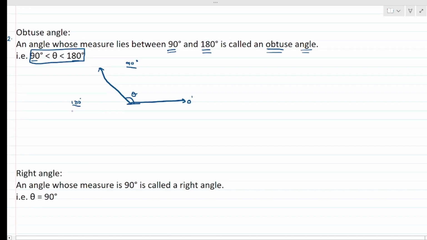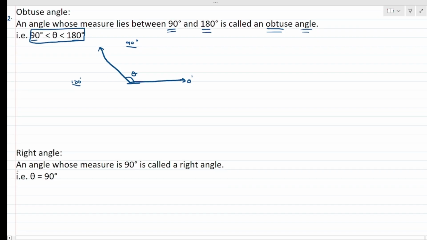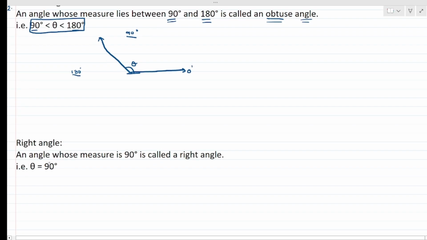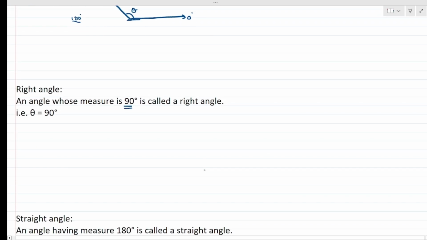Okay. So moving on to our next angle, which is our right angle. Right angle means the angle whose measure is 90 degree is called a right angle. It will be perfectly perpendicular to our base. Okay, so this will be perpendicular to our base. This side is our 0 degree.